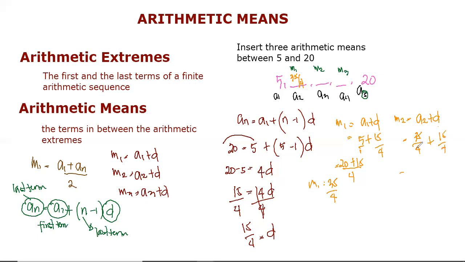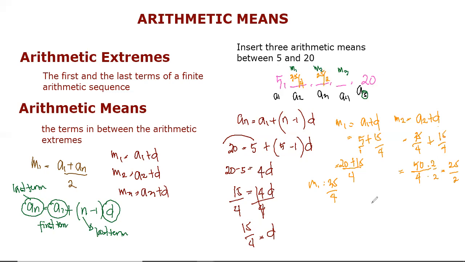Okay, so if we have the same common denominator, just copy the denominator, then add the numerators. 35 plus 15 will give us 50 over 4. So simplify these two numbers. Pwede ba natin siyang i-simplify? Okay, we can divide them by 2. Tama po. So divided by 2, it will give us 25 over 2. Okay, so the value of m sub 2 is 25 over 2.